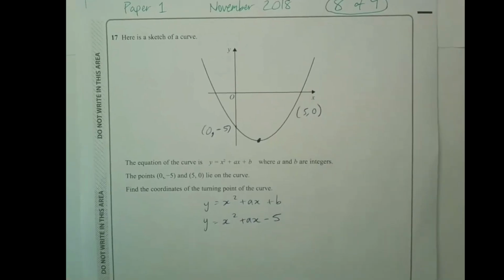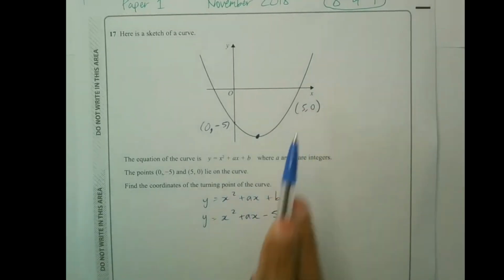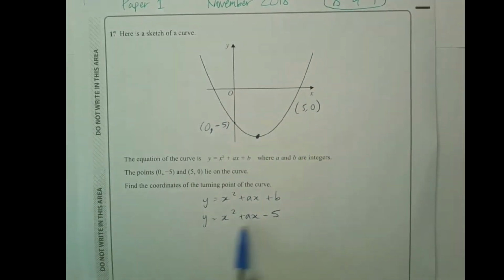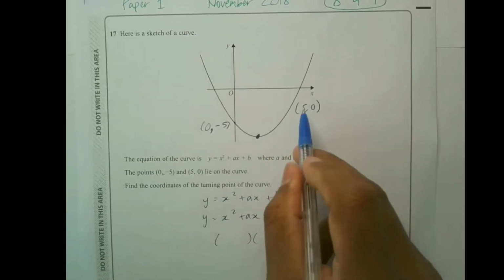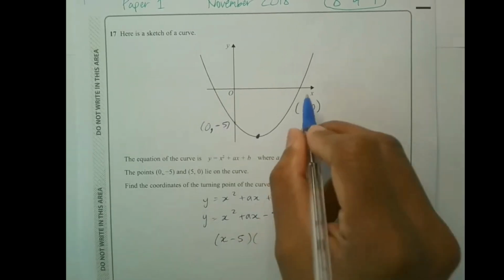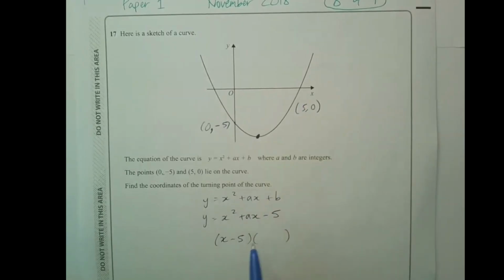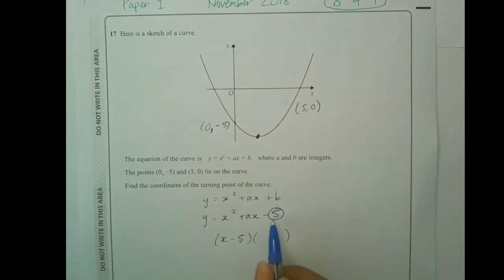So now that we have that, I've got a root. So I can start factorizing this. So when I factorize, I've got this. That means that for the root to be 5, it must be x minus 5, because 5 take away 5 is 0. Now, if I look at it, my last number is 5. 5 times what gives me 5? It must be 1.